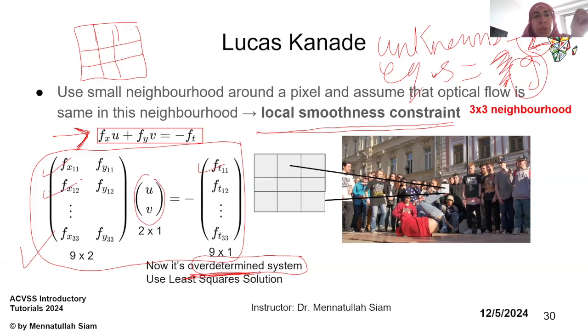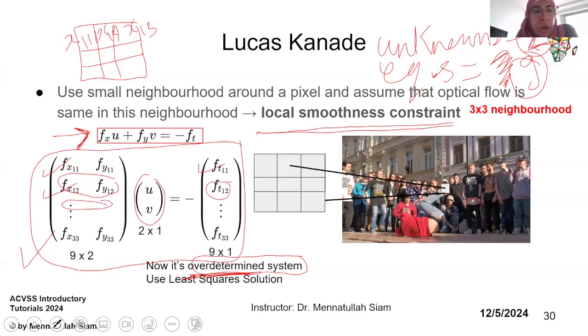Here I'm putting it in matrix vector multiplication form. This is the second pixel, fx12, so I have x11, x12, x13, and so on. This is the second equation, and I'll have a third, and so on. And this is the last one, fx33, fy33 multiplied by uv, equal to negative ft33.